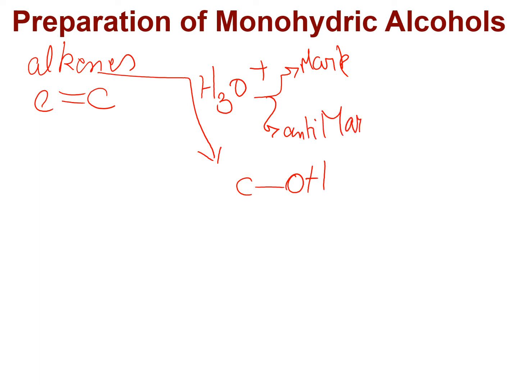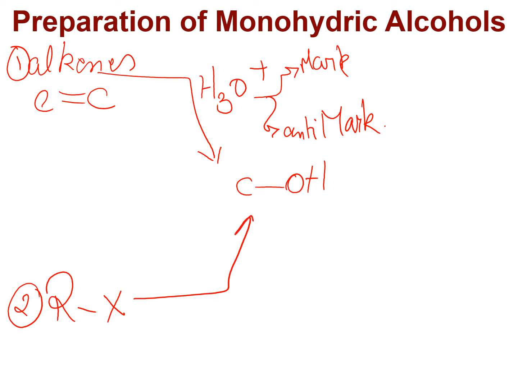You will end up introducing an OH to your compound at the position depending on whether it's Markovnikov or anti-Markovnikov. So this is the first method. The second method is that you can have an alkyl halide that you substitute by a hydroxyl group and end up having an alcoholic group.